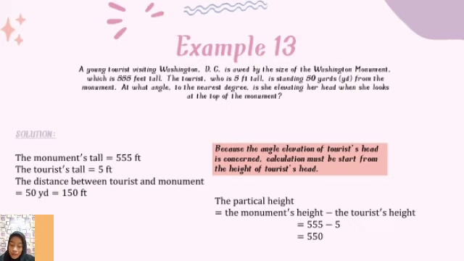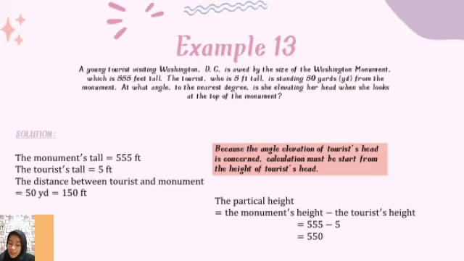Solution: we know the monument's height equals 555 feet, the tourist's height equals 5 feet, and the distance between the tourist and the monument is 50 yards, which equals 150 feet.